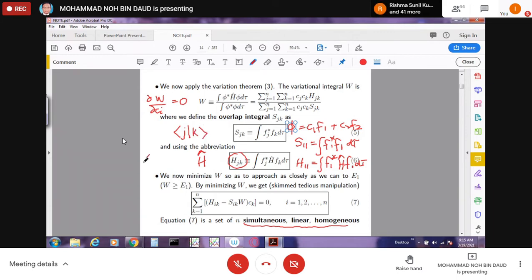So this is Dirac notation. Another way we can write this Hamiltonian matrix element is like this, for these integrals.